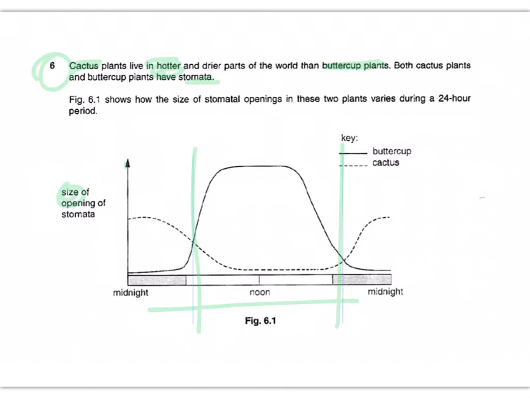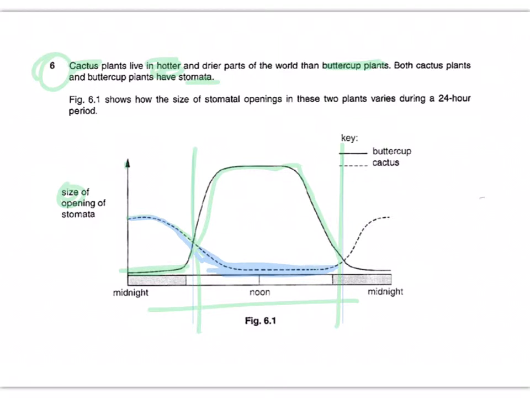Always compare. Over here, buttercup seems to be low overall in general, whereas for the cactus it decreases till noon, which is so-called the hottest, and therefore the size remains relatively small, versus the buttercup, which is super high.